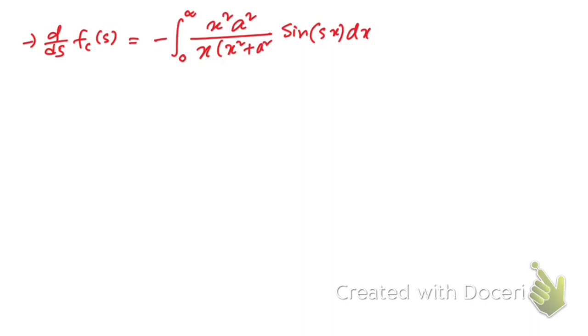Okay, now you see, we can write here that minus, we can take this a square outside as this is constant, right? So let me write this one outside the integral.